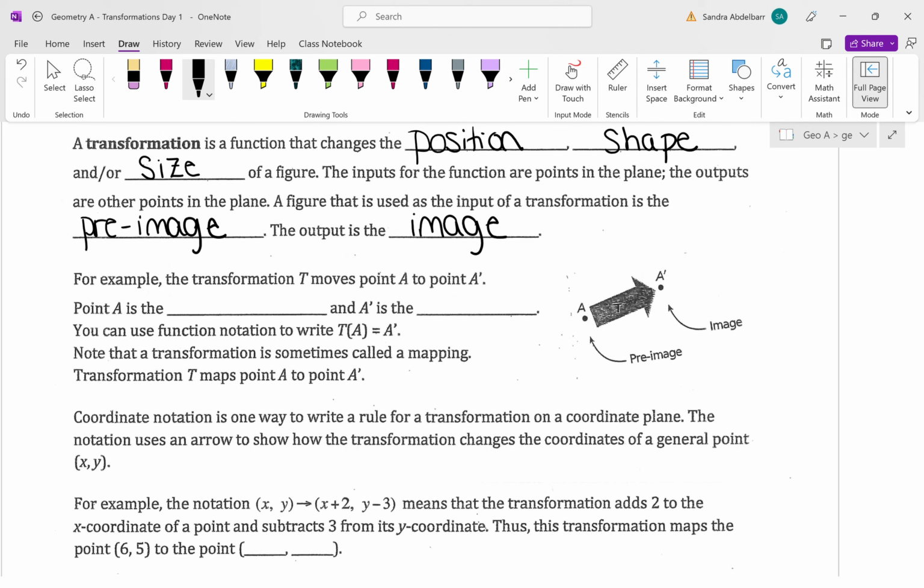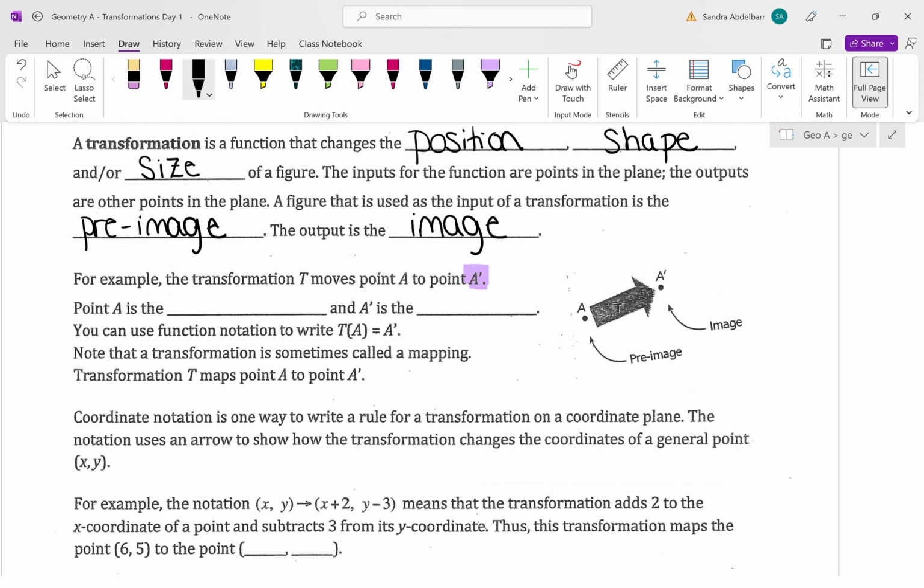For example, the transformation T moves point A to point A prime. Do you all see that little slash on top of the A? That's called prime. Anytime we have a transformation, usually after the transformation occurs, whatever the new point is, you put that little slash on top of it and use the same variable to represent it. So A moves to A prime.